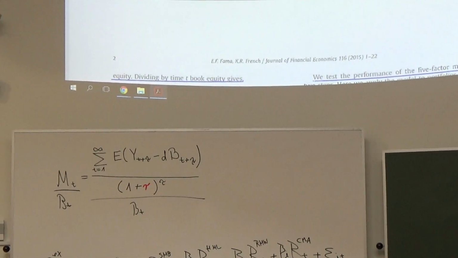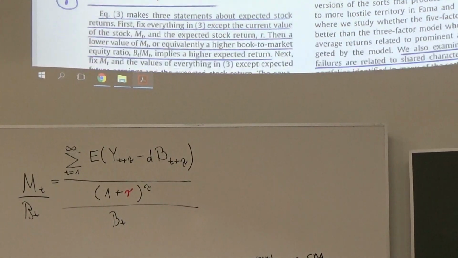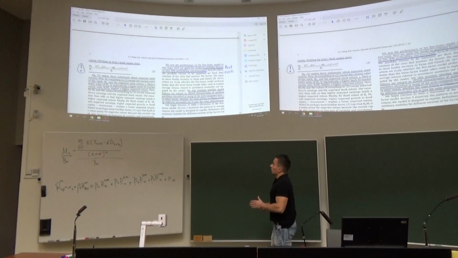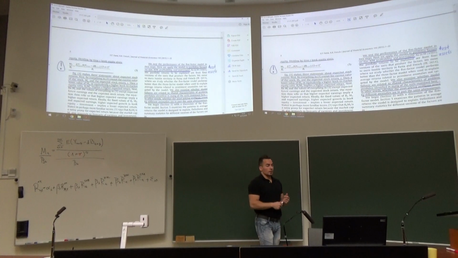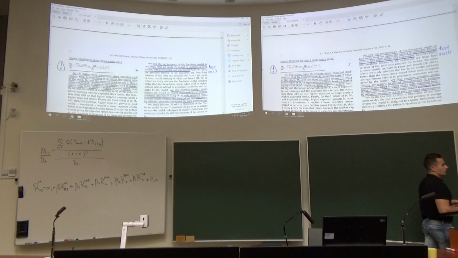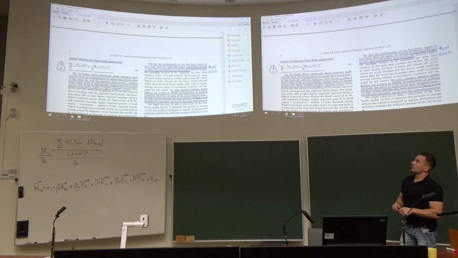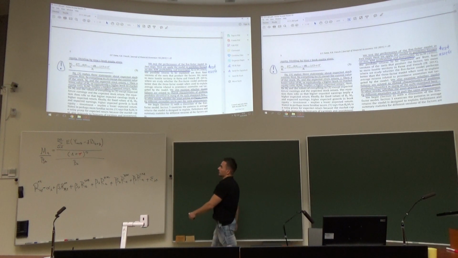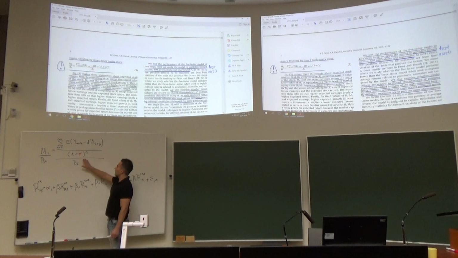Of course, in any equation, you can do the same operation on both sides, and that's exactly what they did here. And then you can ask, okay, given this model is true, and given we are in an asset market equilibrium, how does the return, which is the expected return in this case, need to adjust?